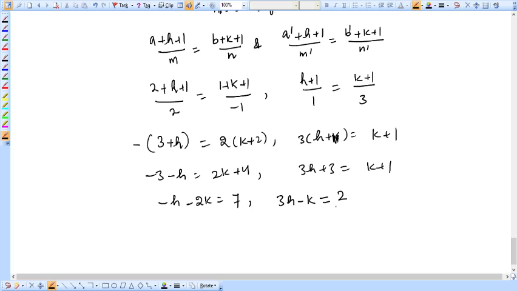Or you can write these two equations as h plus 2k, okay, minus 7 taken to the left hand side, is equal to 0. Okay, h plus 2k plus 7 is equal to 0, and 3h minus k.